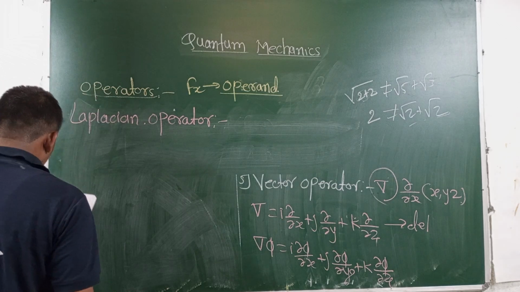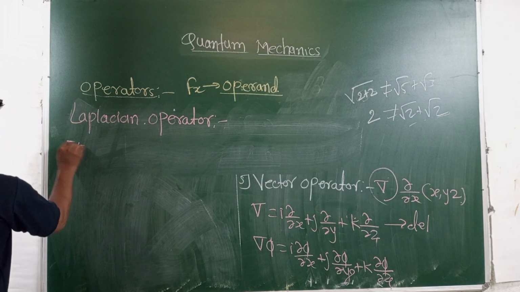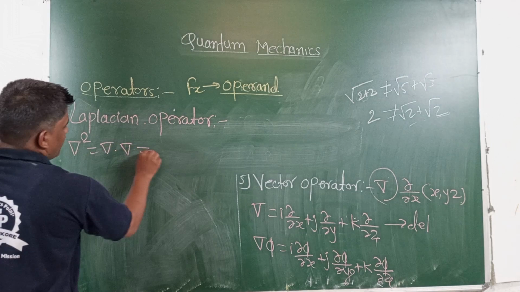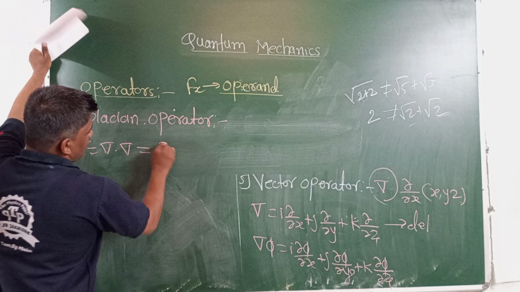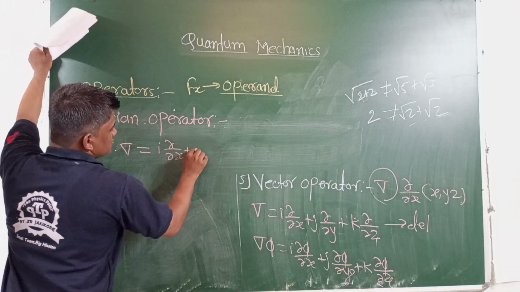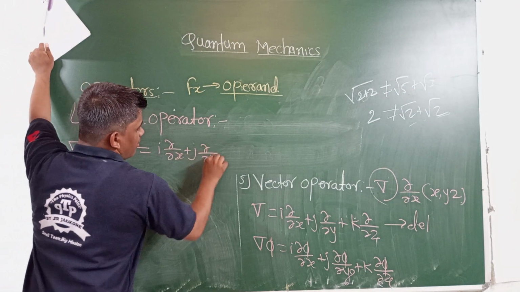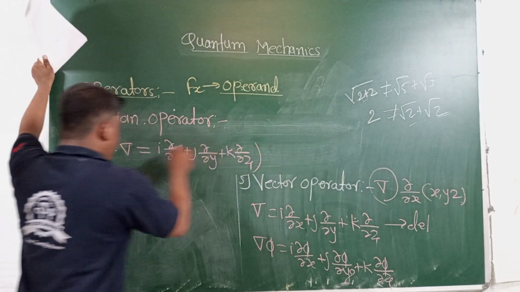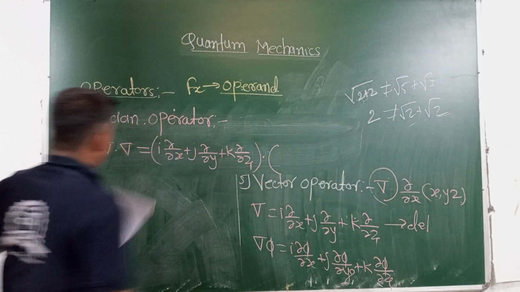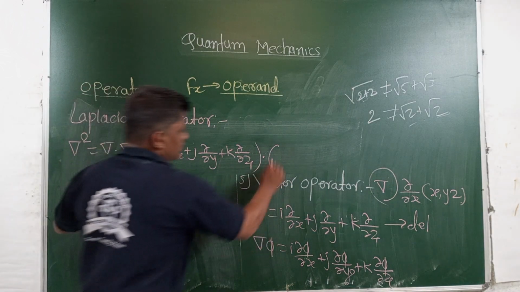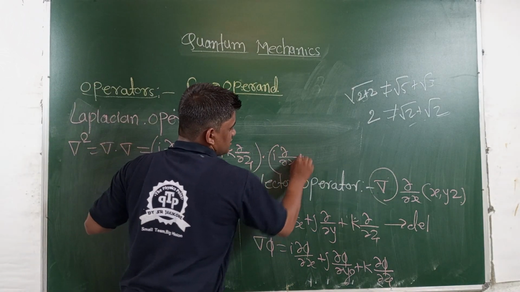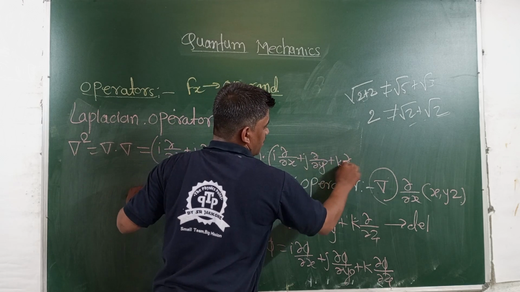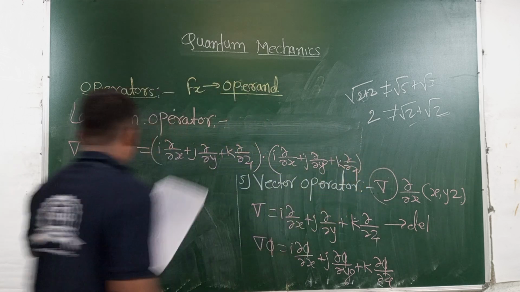Then the Laplacian operator, del square, is equal to del dot del. First del is i into del by del x plus j into del by del y plus k into del by del z, and again we take the dot product with the same operator, i into del by del x plus j into del by del y plus k into del by del z.